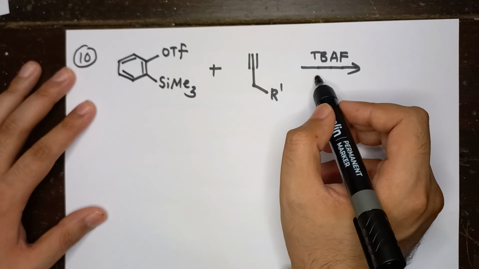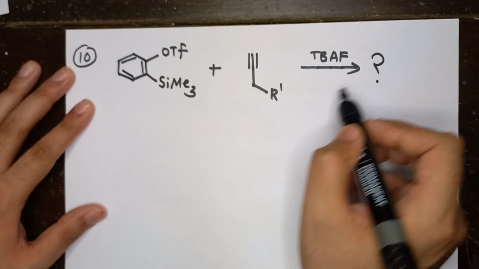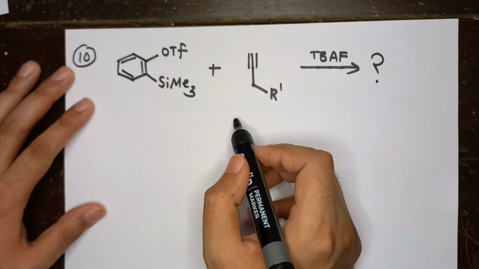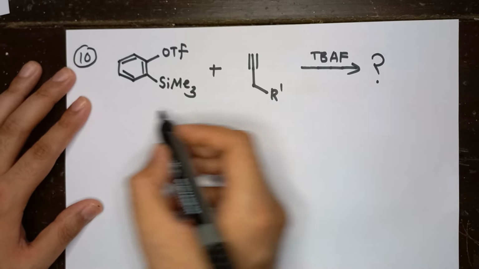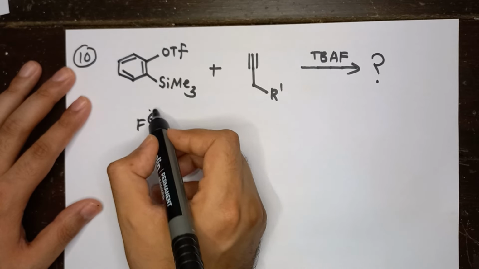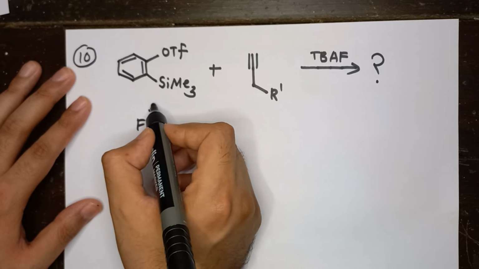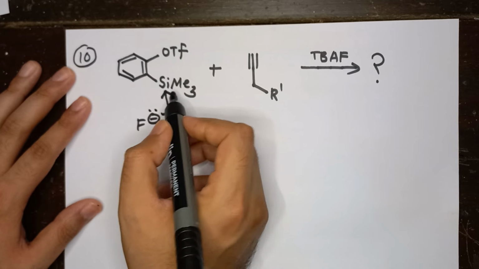TBAF is tetrabutylammonium fluoride. So what is the product for this reaction? So we know that TBAF is going to give me an F minus source, F minus anions, and this F minus has very strong affinity for silicon. So this will form a bond with silicon.